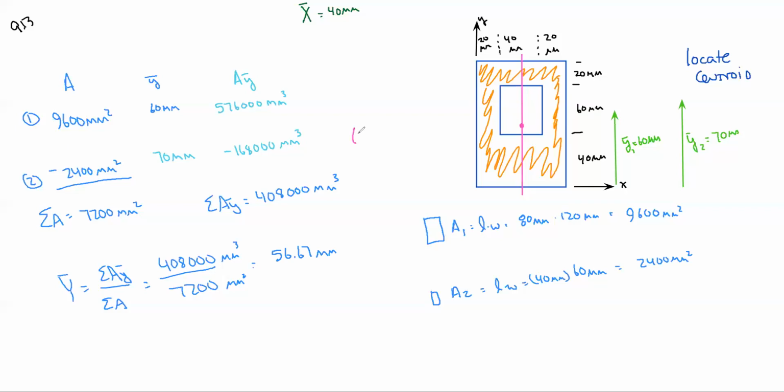So the ordered pair that describes the centroid, capital X bar, capital Y bar, would be 40 millimeters and 56.67 millimeters. So that means, if we had this object that was homogeneous, and we turned it flat, and we had to hold it on our finger to balance it, that's where the balance point would be.